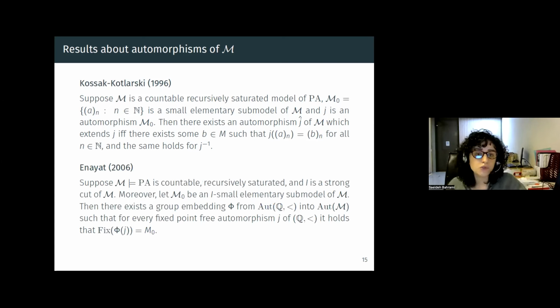And in 2006, Enayat proved that for Schmerl's result, whenever we have an I-small elementary submodel, not just one automorphism exists, but 2 to the aleph 0 many such automorphisms exist, such that the fixed point set of them is equal to M0.